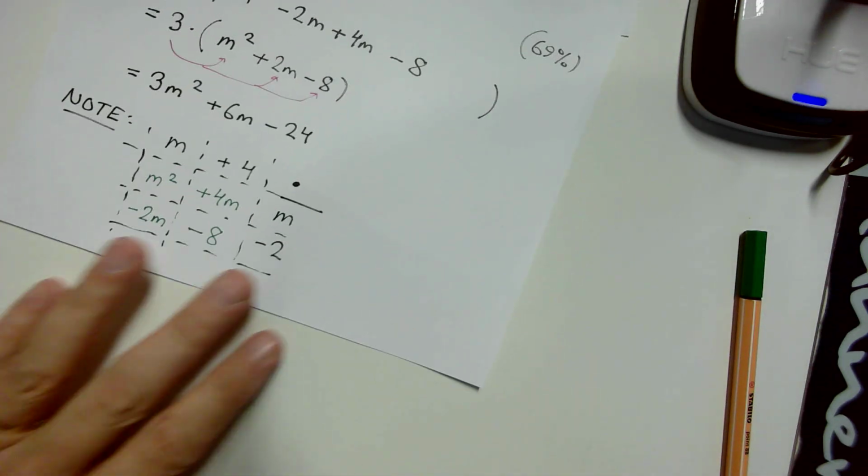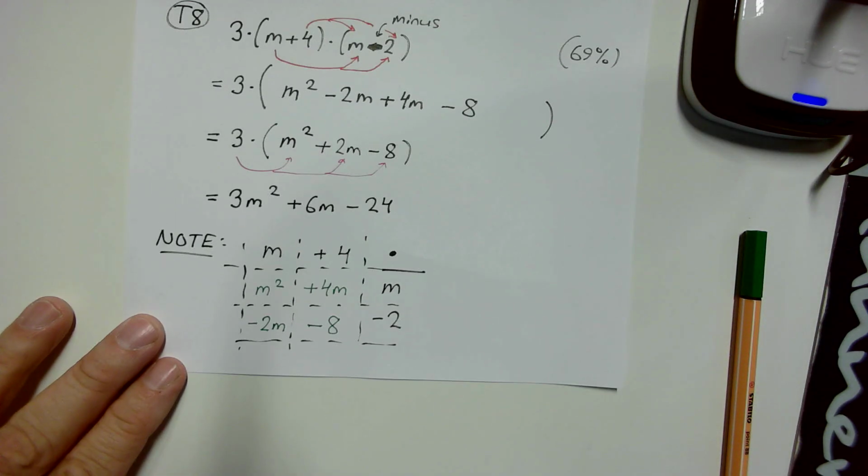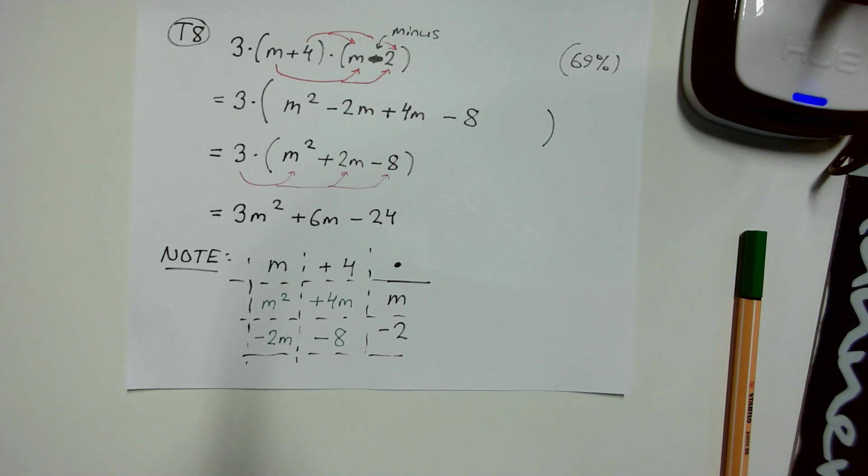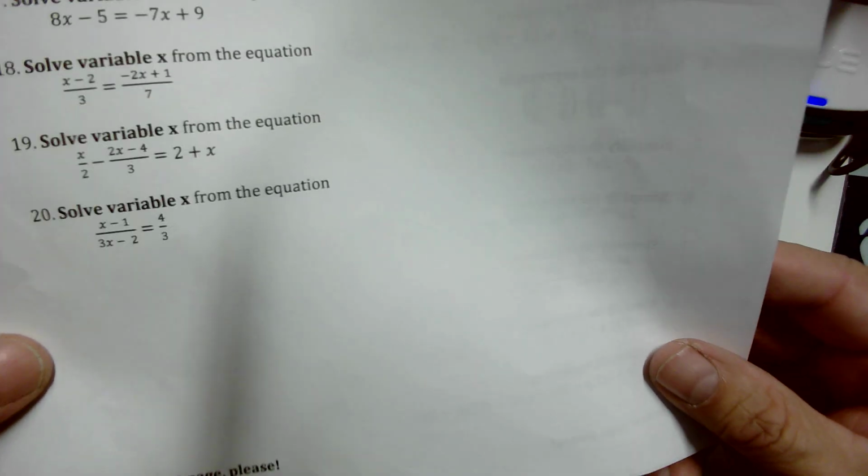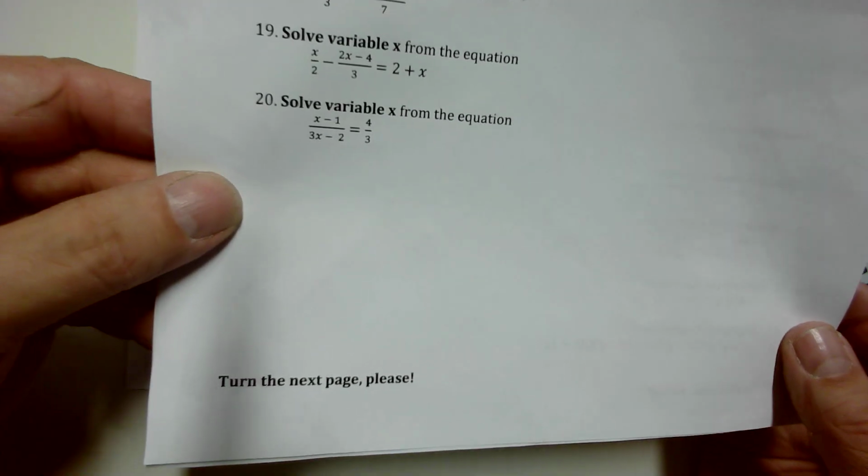Number 8 was that, and what is the next one? It is an equation, number 20.